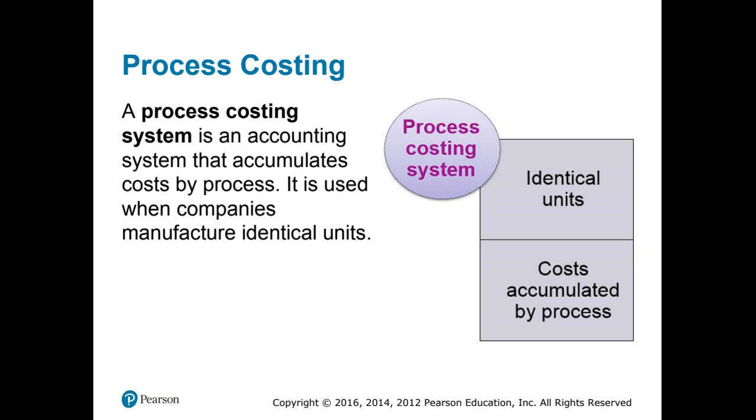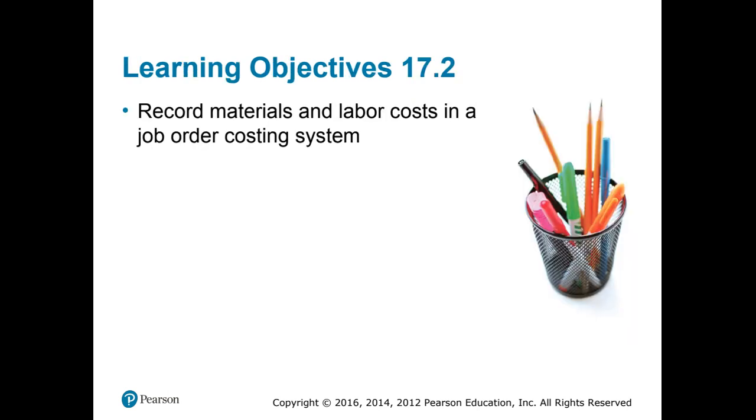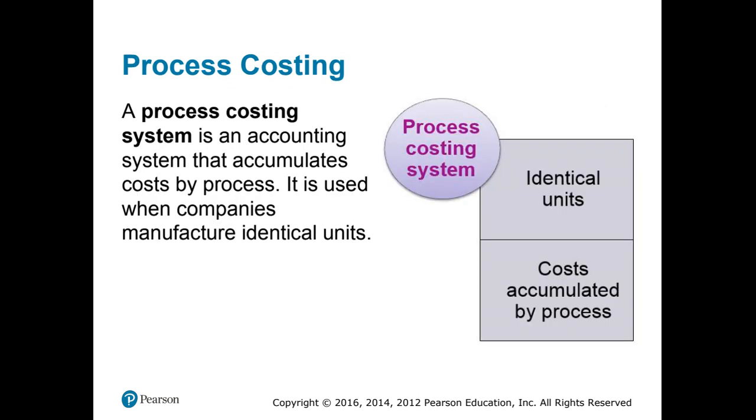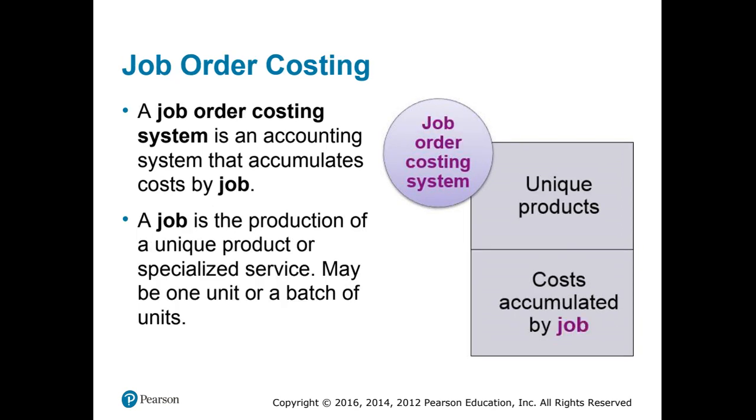So we more than likely use a process costing system, and the costs are accumulated by the process. Which one do you think might be more efficient? And most jobs are either or.